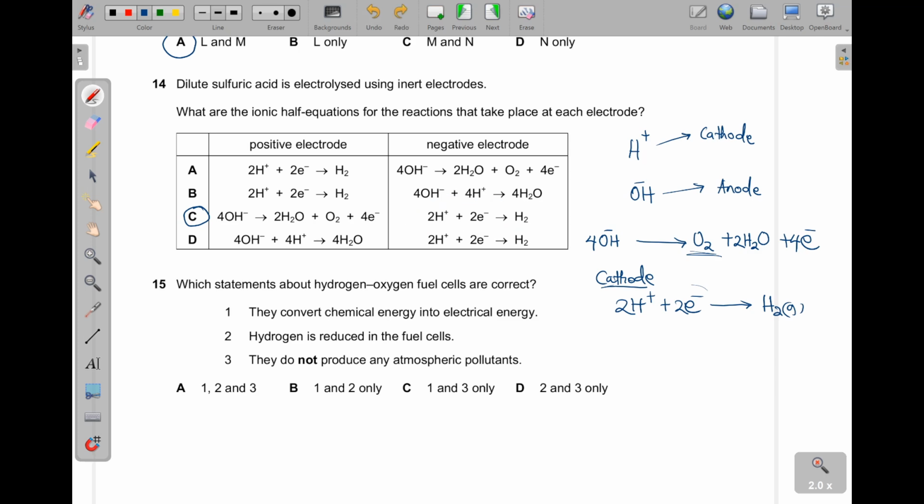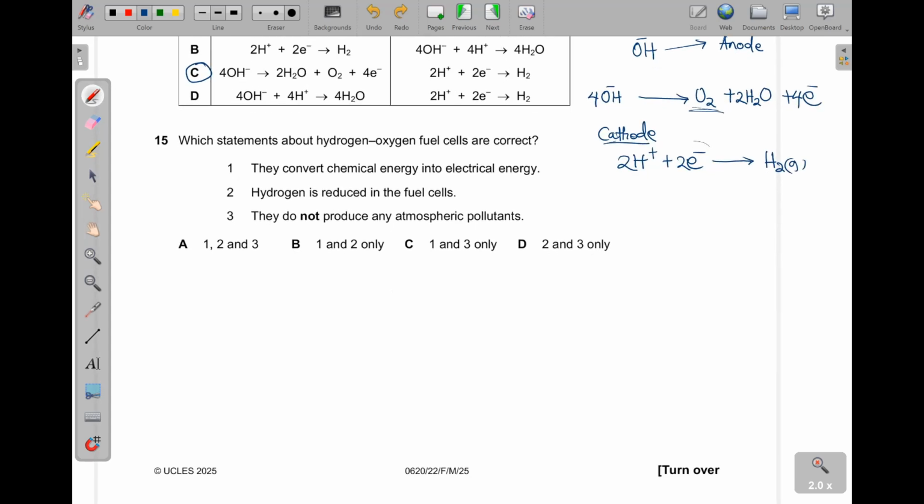Okay. Then number 15. Which statements about hydrogen-oxygen fuel cells are correct? They convert chemical energy into electrical energy. That is true. Then next, hydrogen is reduced in fuel cells. No, it is actually oxidized because one of the products is water.